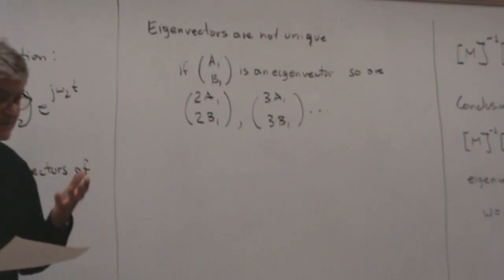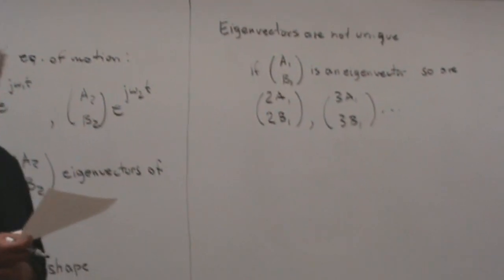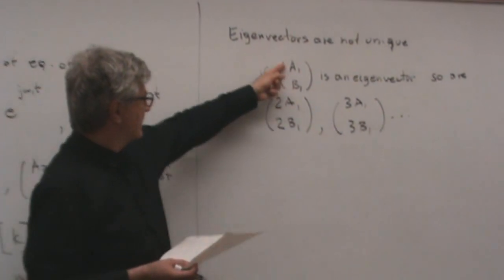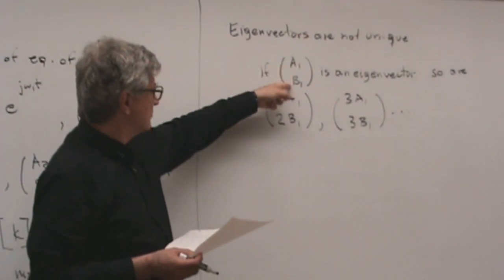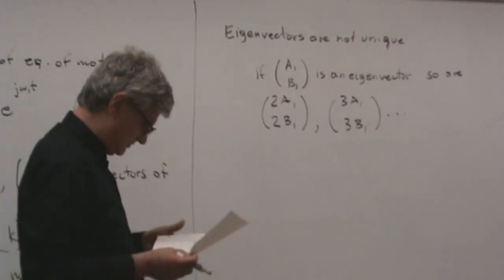That is not the only assumption that you can make to solve the free vibration problem. You could consider that the length of this vector, the square root of the sum of the squares, is 1. That's an alternative.